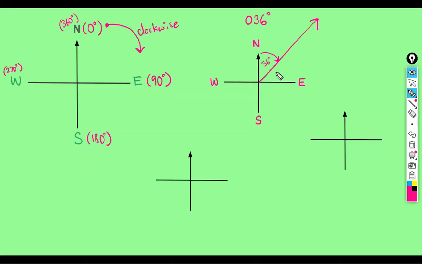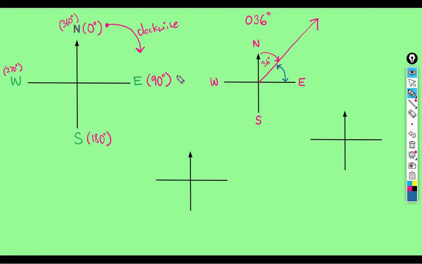Also, you have to be able to reason out other angles. If you know this pink angle is 36, how much would be this blue angle? I'm just asking. Use a little bit of common sense here. The pink angle is 36. So how much would be the blue angle? The blue angle will not be 36. Think about it, right?